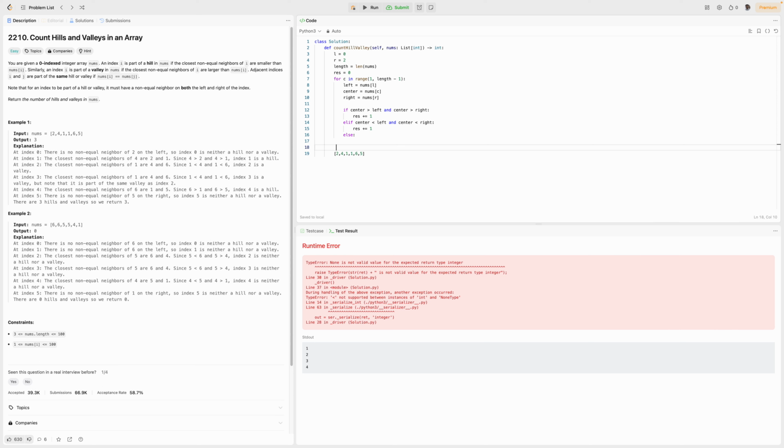Let's say L, C, and R. So we want to increment the counter until R is a number that is not the same as the previous number, while center is equal to nums at R, R plus equal to 1, or we get to the very end of the array, and R is less than length minus 1, R plus equal to 1. So that's going to increment the counter until we get to this point right here.